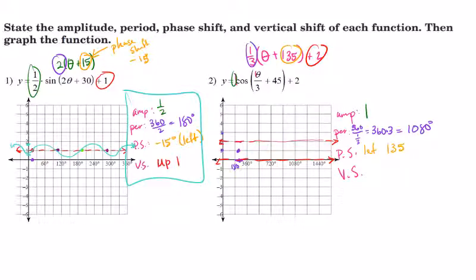All right, and then I think we have everything except for, let's just incorporate the period. So the period is 1080. So if I do 225 plus 1080, I would get 1305. All right, so that would be where it's going to meet that same point again.